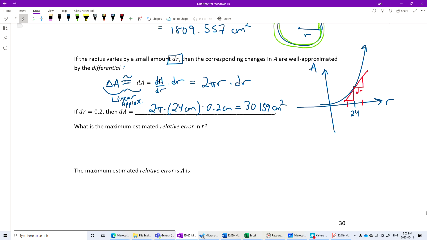So let's just think here for a second. What is the actual change in area? The actual delta A would be pi r squared. If I increase the radius by 0.2, now I'm using 24.2 squared, and the old area was 24 squared. So for comparison, let's work out what that is. It's pi times 24.2 squared minus pi times 24 squared, 30.2849.